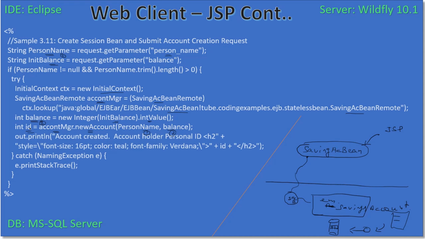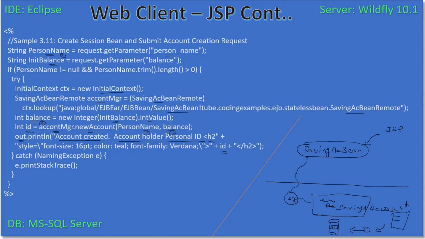Then we make use of this return value, and remember this is a JSP file, right? We are using the print writer object, out.println, account created, static text, account holder person ID, static text, HTML text, still static, style and other stuff we are using. This is the dynamic content. Whatever is returned, we place that in between an h2 tag, and the h2 tag is given some style attribute.